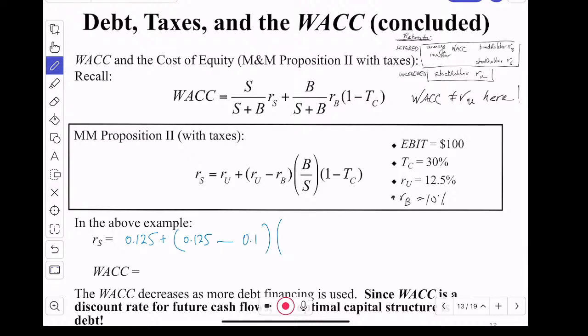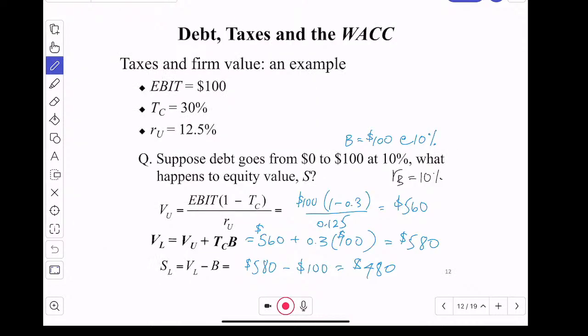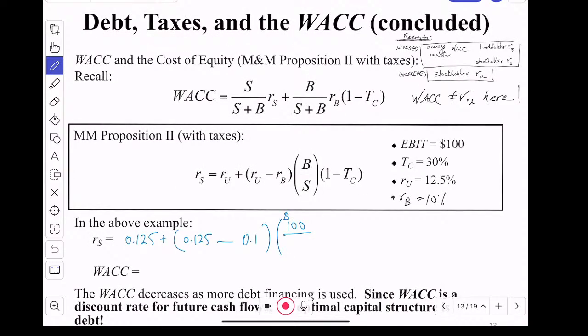Debt was 100 and equity in the levered firm, we figured out, was 480. Let me write that down too.